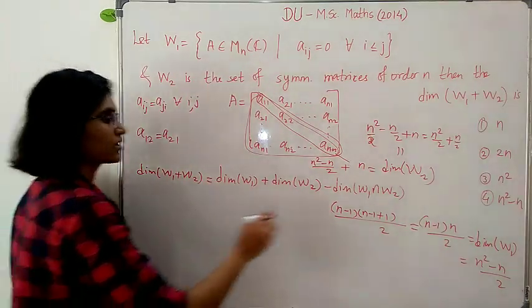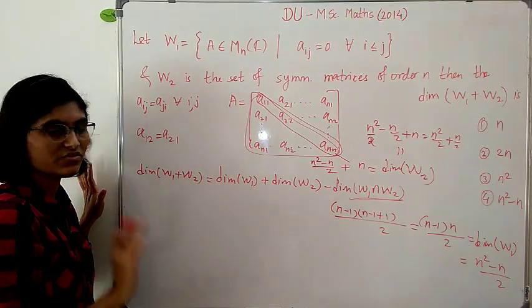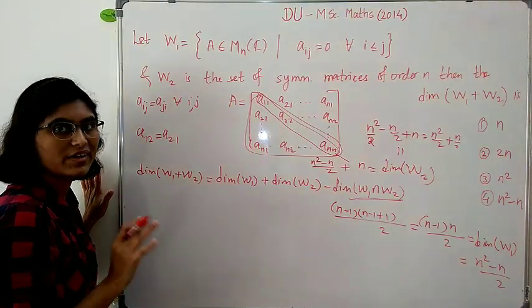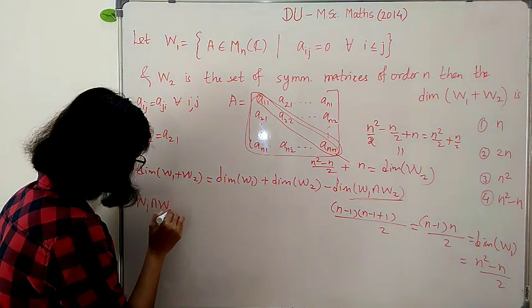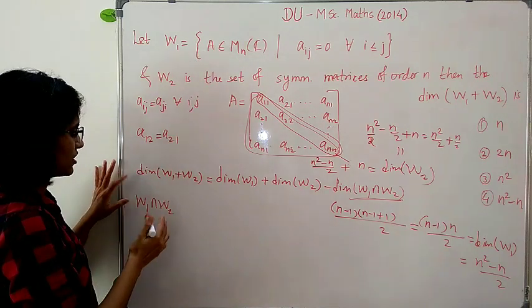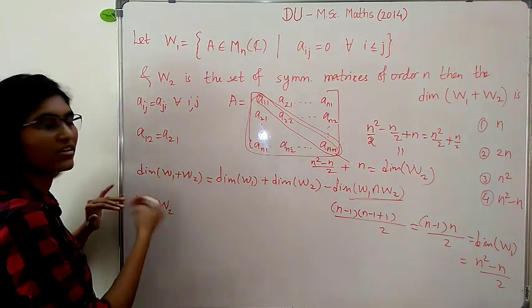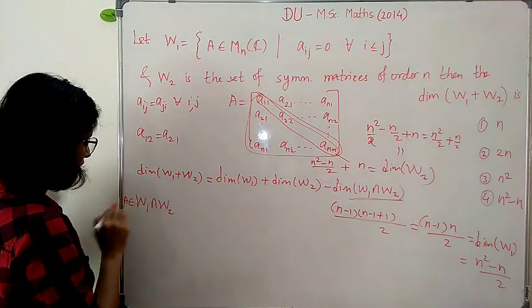Now let us find out the dimension of W1 plus W2. For that we must first find out what W1 intersection W2 is. W1 intersection W2 means the matrices A such that A is in W1 as well as in W2. So take any matrix A in this.